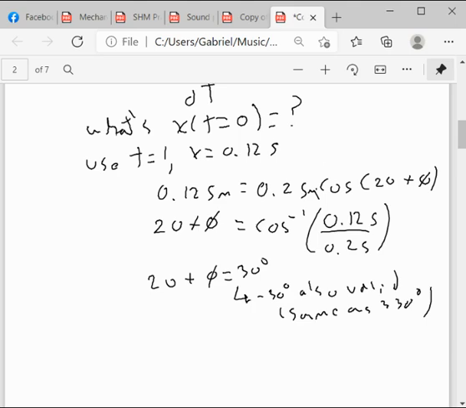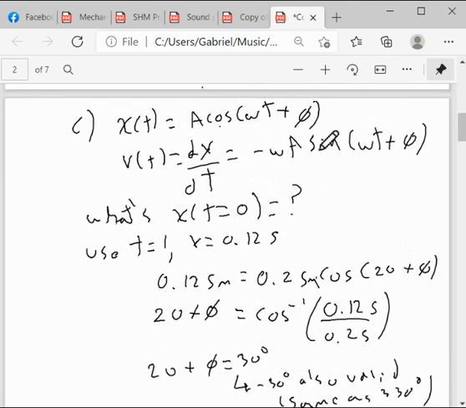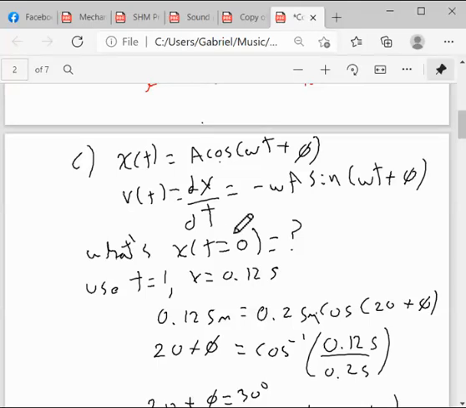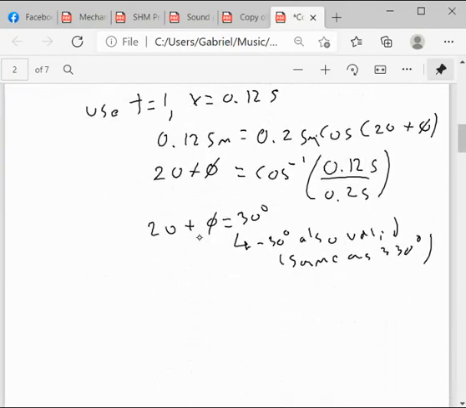But for the sine function, the velocity function has a sine function. But the question tells us that initially we're told that the speed is positive from t equals 0 onwards.